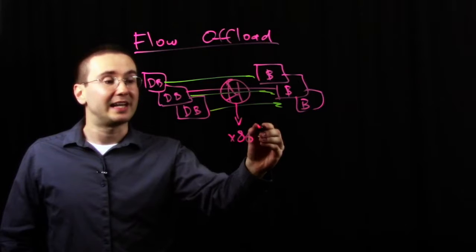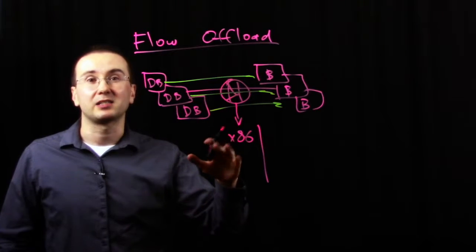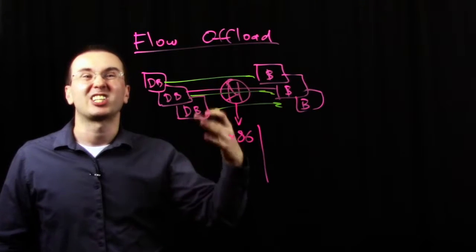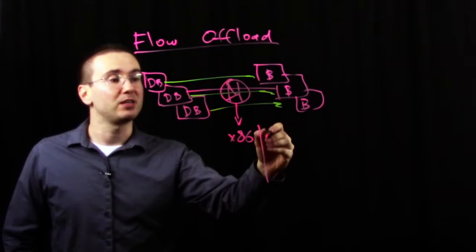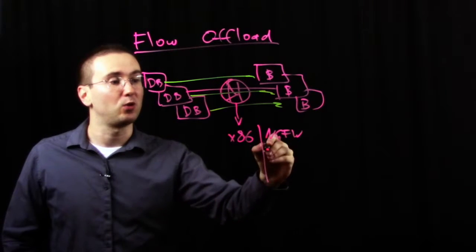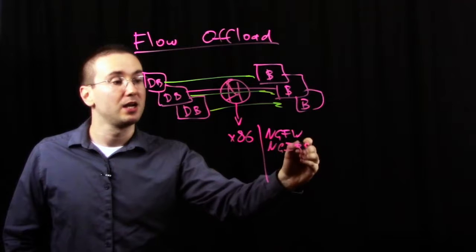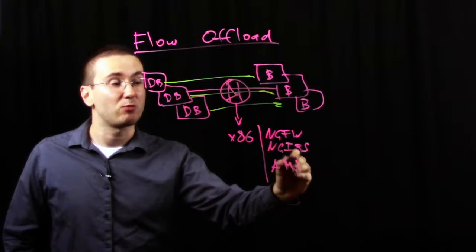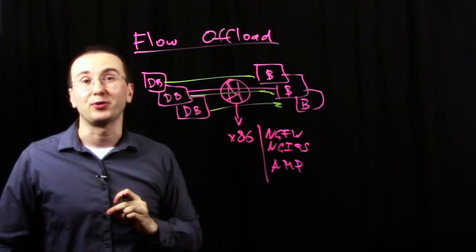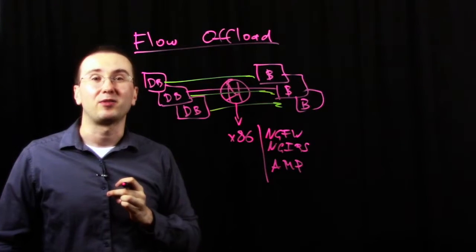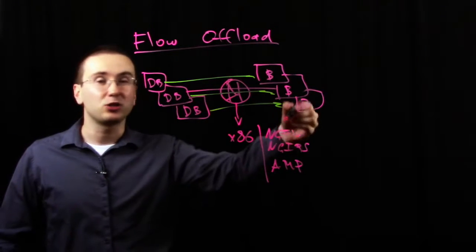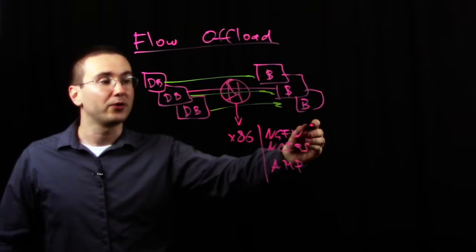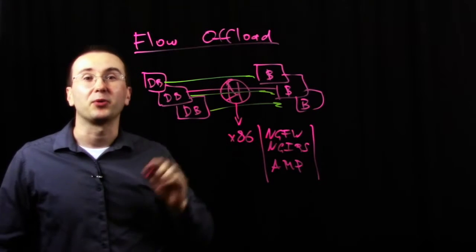Now, since you're doing things in x86, obviously that gets a little bit more computationally intensive. And as you implement different functionality like next-gen firewall, next-generation IPS, perhaps advanced malware protection, which is one of the coolest features of our Firepower and Firepower Threat Defense products, as you go down the stack, you are starting to inspect packets at a great depth.